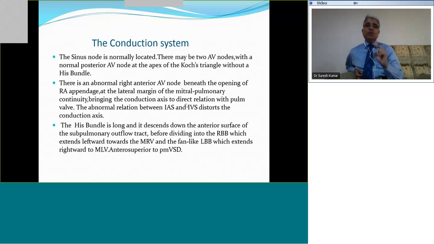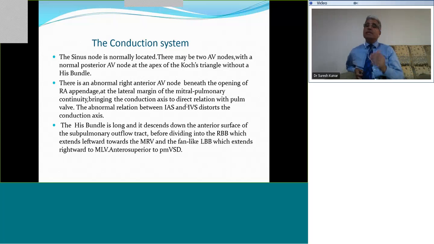But the actual functional AV node is anterior, and it is beneath the opening of the right atrial appendage. It is at the lateral margin of the mitral pulmonary continuity, and therefore the conduction tissue is in direct relationship with the pulmonary valve. This is an important anatomic relationship in corrected transposition, that the conduction tissue is very close to the pulmonary valve. I'll illustrate this in a cartoon shortly.